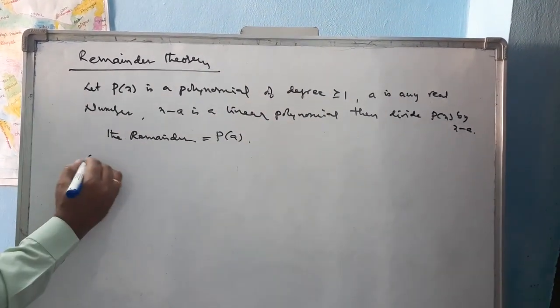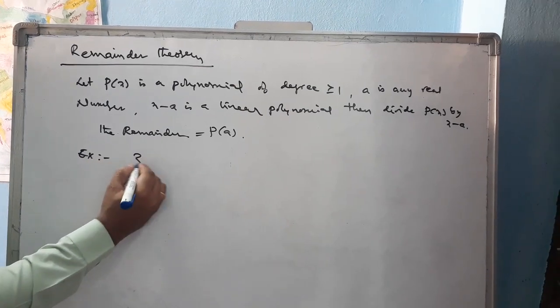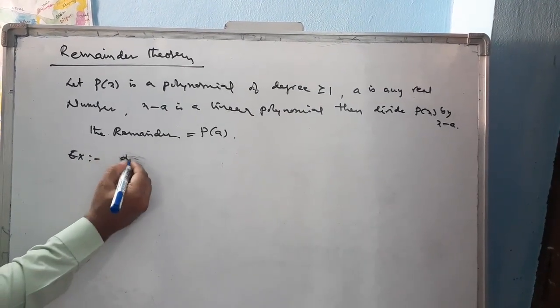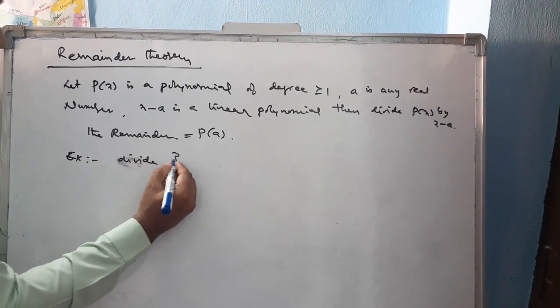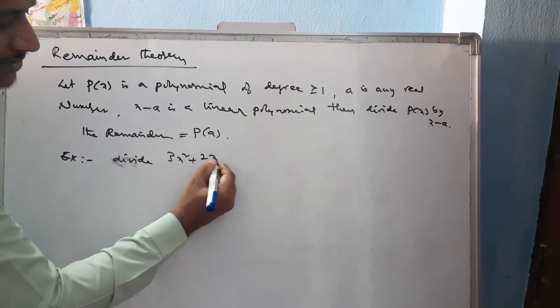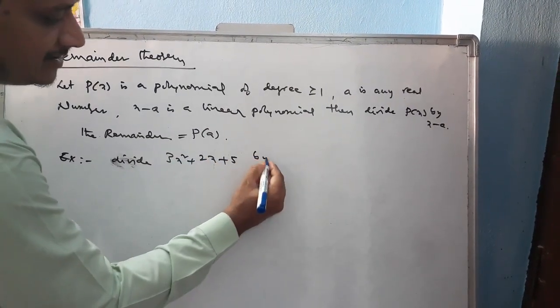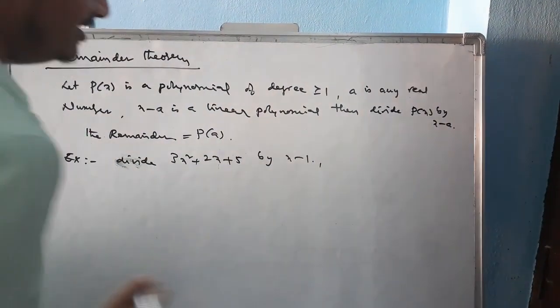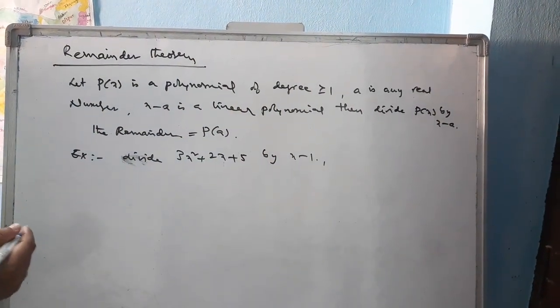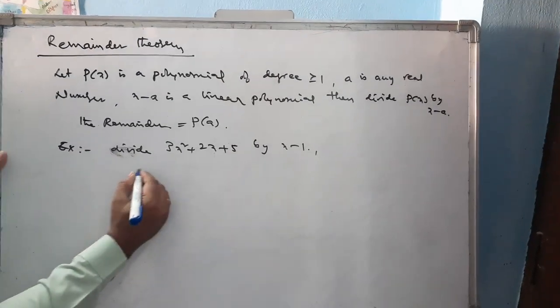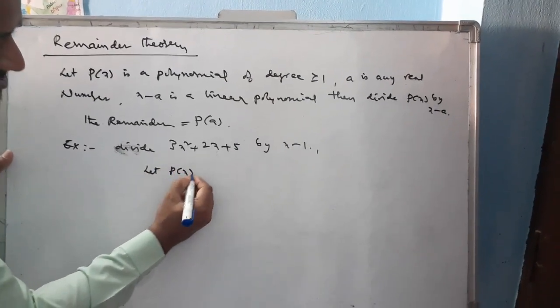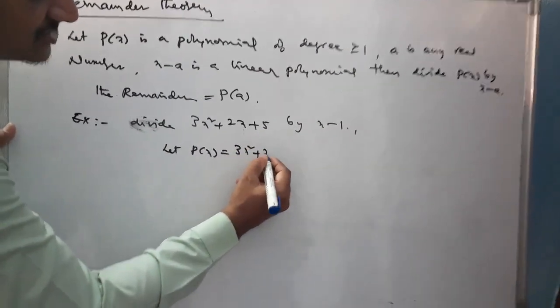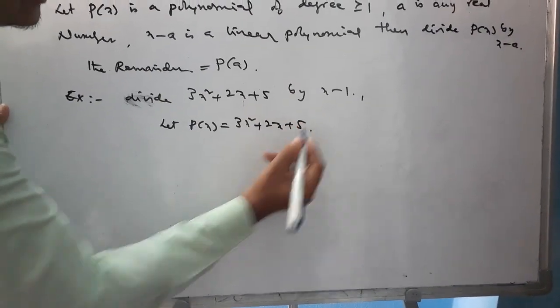For example, divide 3x square plus 2x plus 5 by x minus 1. The remainder is, now we have to find the remainder. So let p of x be equal to 3x square plus 2x plus 5.